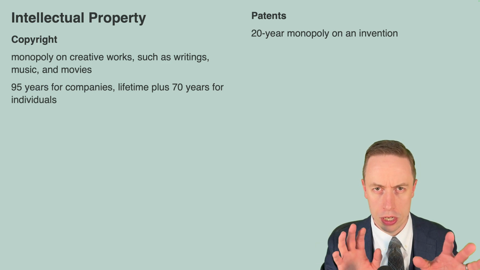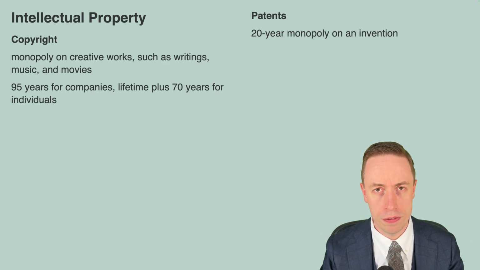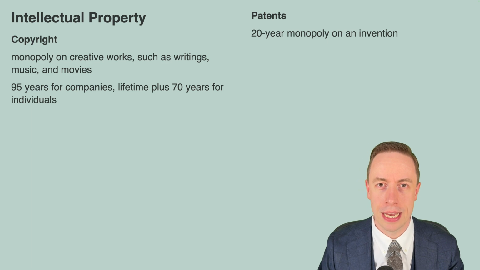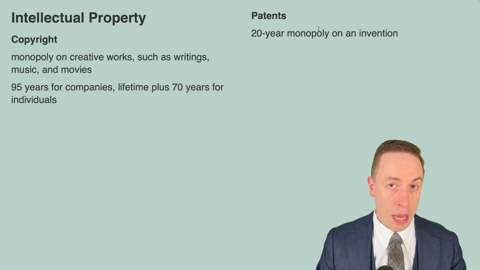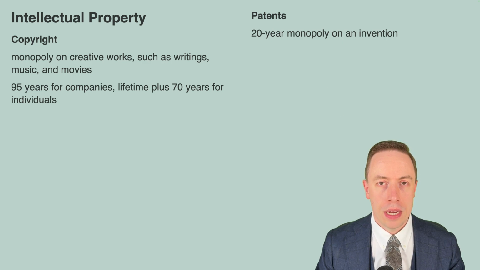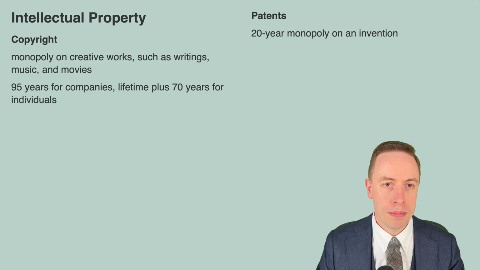And we've got a little bit of a distinction there. I'm just going to mention it really briefly so that you've heard these terms. This isn't exactly a course on intellectual property. But on the invention side, we have so-called patents. You've probably heard of these, and those last for 20 years. So you get a 20-year monopoly for inventing the better mousetrap.